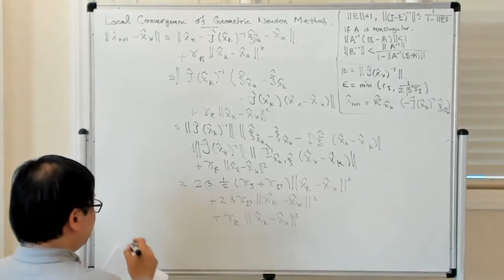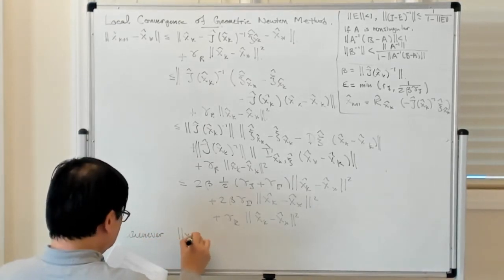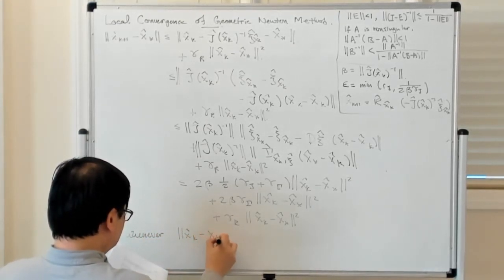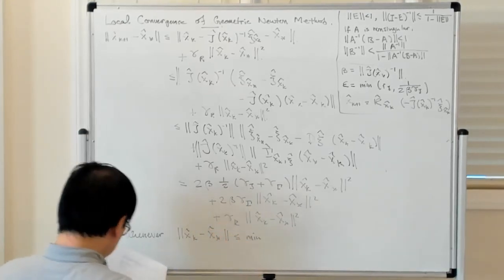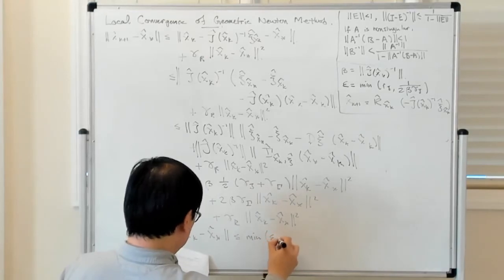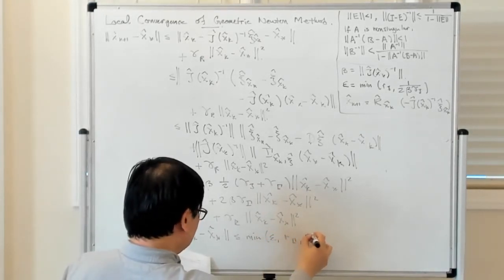And this is true whenever this difference is less than or equal to the minimum of epsilon, r over gamma, and r.